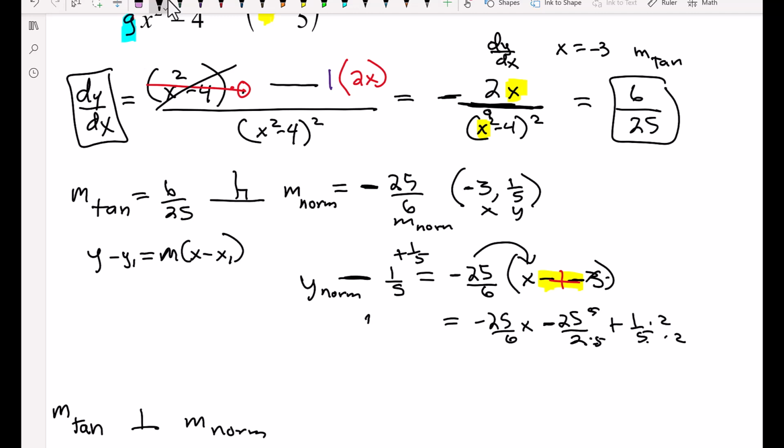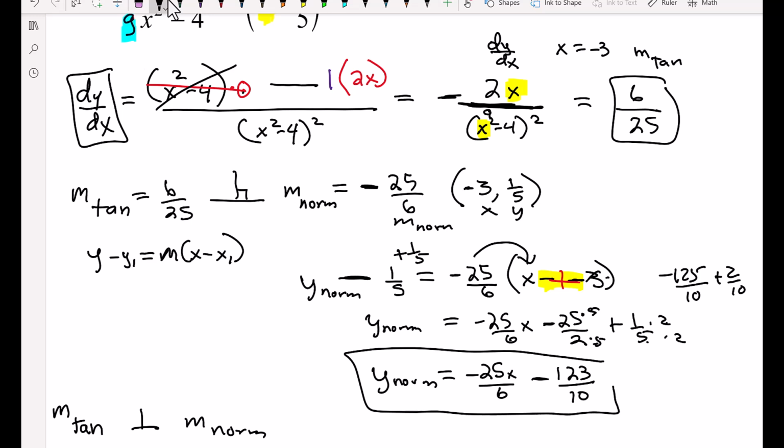So what you have is -25/6 x. And then 5 times -25 is -125, and that'll be over 10. And then 2 times 1, that's +2/10. So then you have -123/10. This is the equation of the normal line.